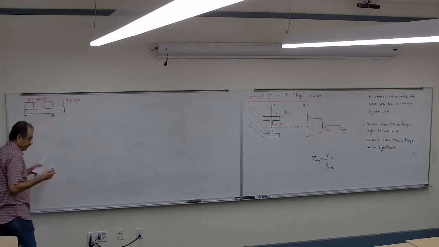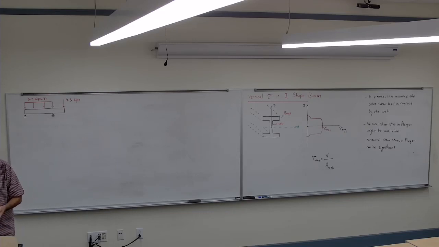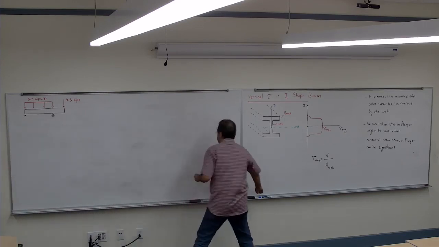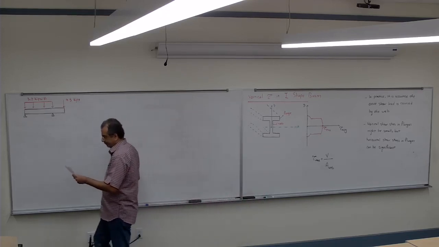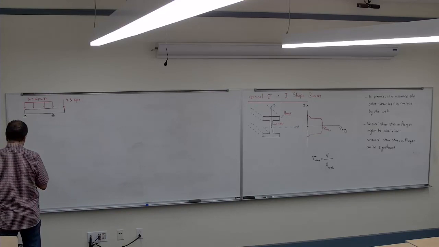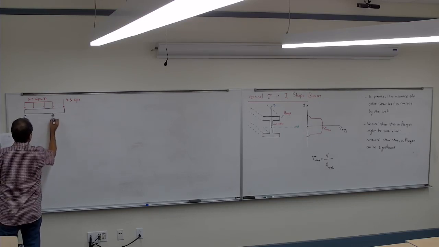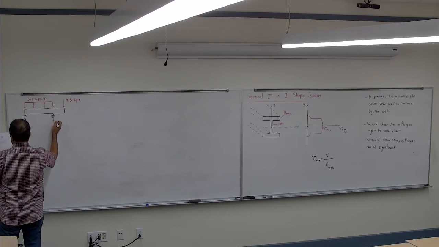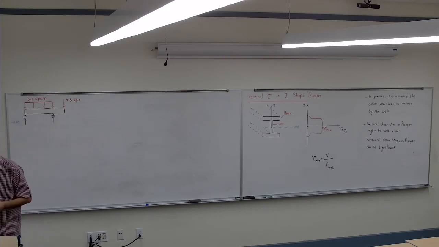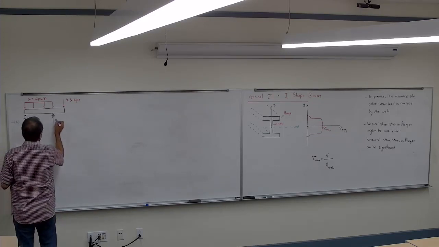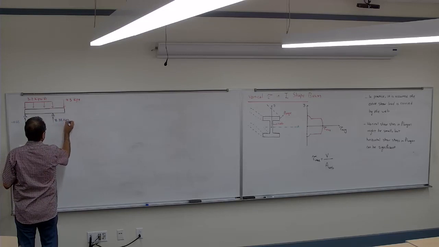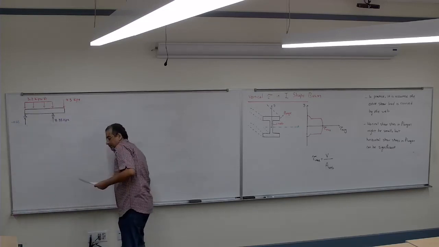This is the example we had last time. Remember that when we did the support reactions for a beam like that, the support reaction here was negative 0.65.